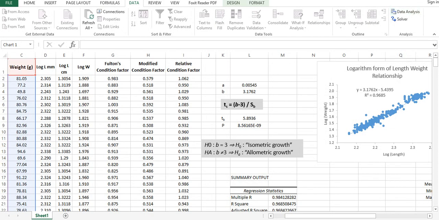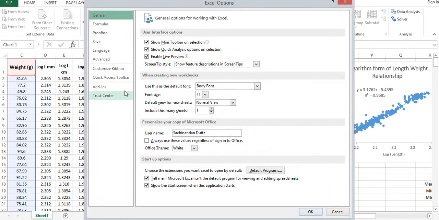So you have to make sure the data analysis tool is in your Excel. For that, go to File, then Options, then Add-ins. You have to add the Data Analysis ToolPak. After clicking Add-ins, tick the data analysis option, and then data analysis will come into your Excel.